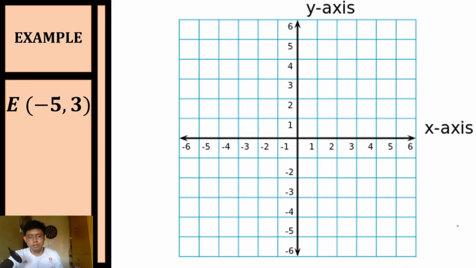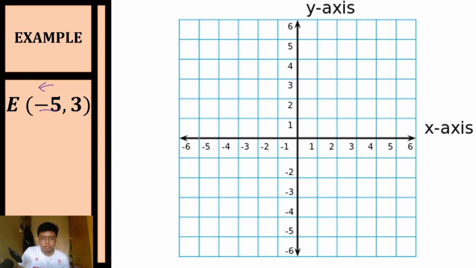Okay, let's have another example. We are going to locate point E having a coordinate of (-5, 3). Let's start first with our origin and then count horizontally based on our x-coordinate. Since it is negative, we're going to the left, 5 units to the left. 1, 2, 3, 4, 5.